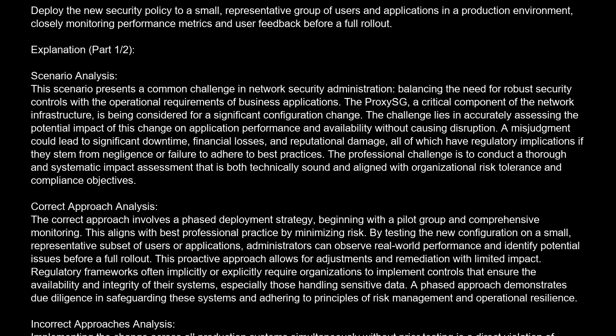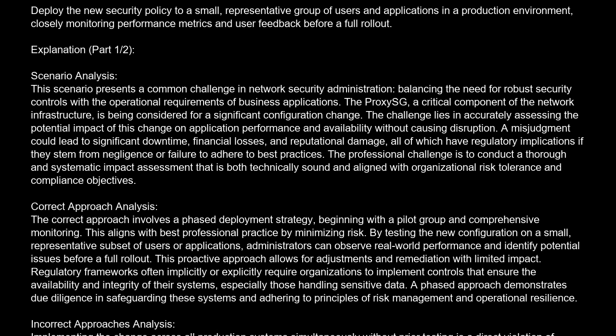Correct approach analysis. The correct approach involves a phased deployment strategy, beginning with a pilot group and comprehensive monitoring. This aligns with best professional practice by minimizing risk. By testing the new configuration on a small, representative subset of users or applications, administrators can observe real-world performance and identify potential issues before a full rollout.